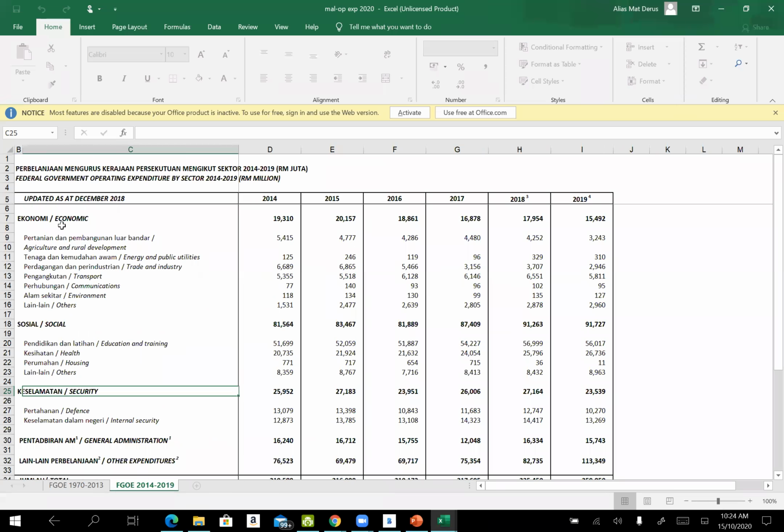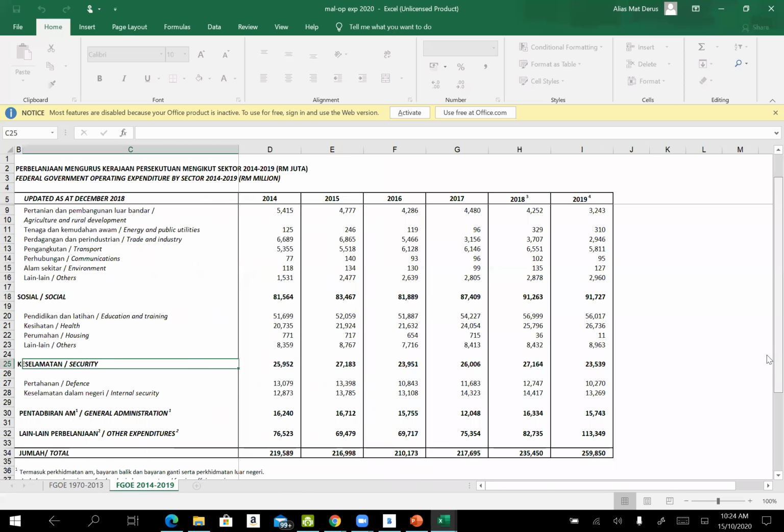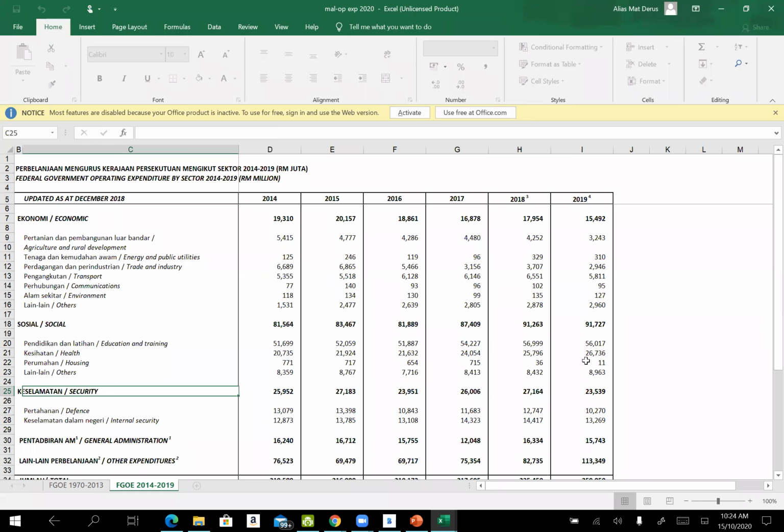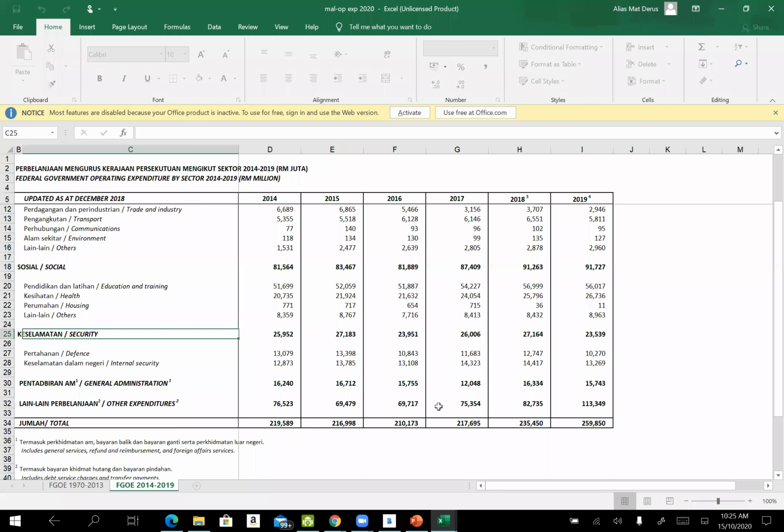We also break out into economic, social, and security, and others. So you look at the components, and then you will see the numbers. And then look at the total. All right, look at the total.